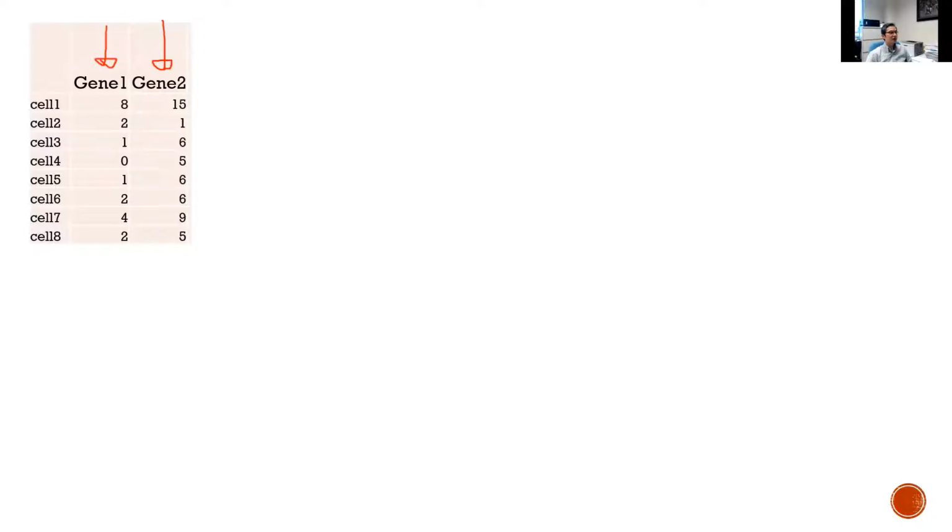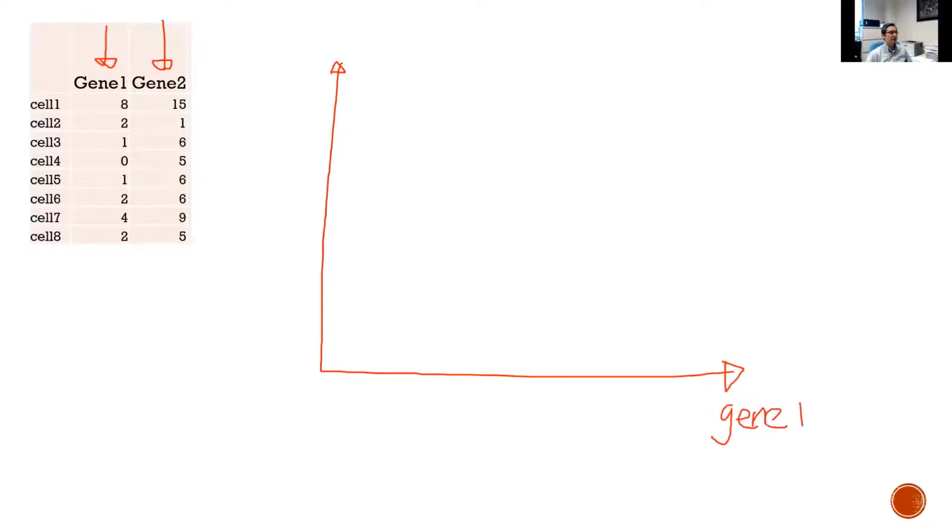So if you plot those cells' positions in 2-dimensional space, the x-axis is the gene expression level of gene 1, and the y-axis is the gene expression level of gene 2. Now I'm going to put each individual cell on this 2-dimensional space.